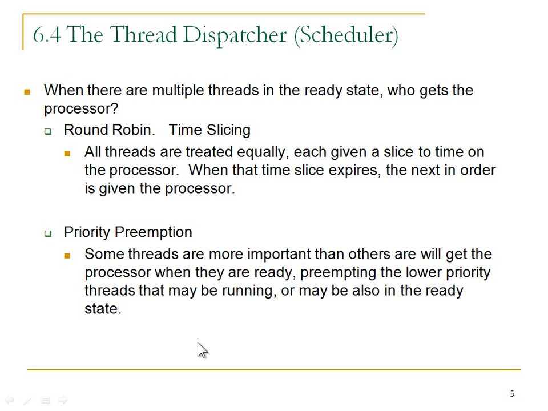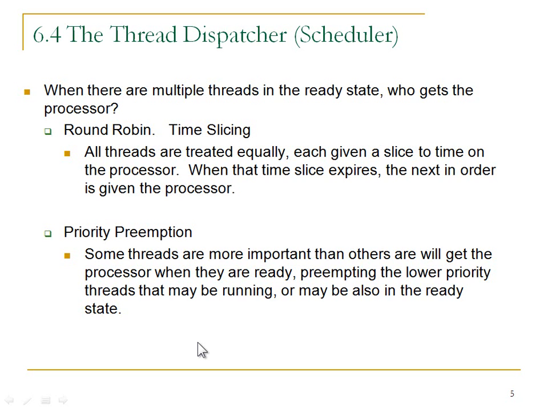The first way, there are two different ways. This is the bad news. There are two possible ways that the scheduler is working. One is called round robin or time slicing, and that means that all threads are treated equally, and each thread is given a time slice on the processor, and when that time expires, it gives up the processor, and the scheduler puts the next thread in order on that processor.